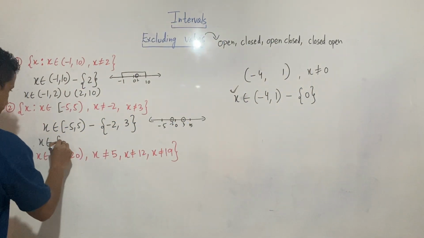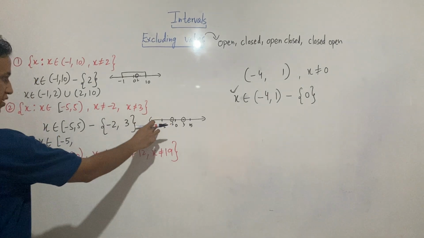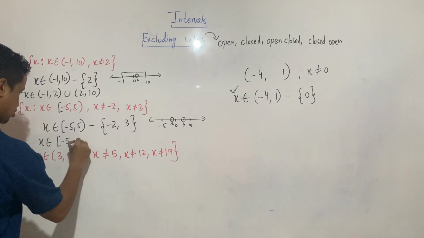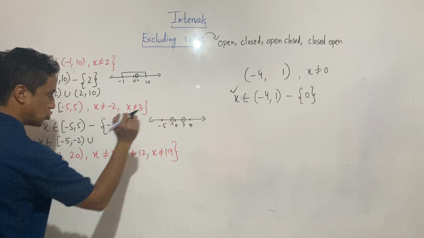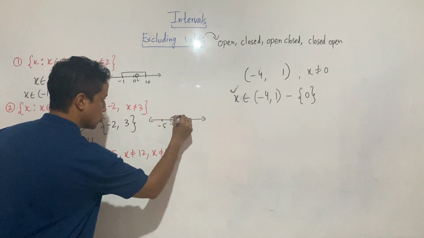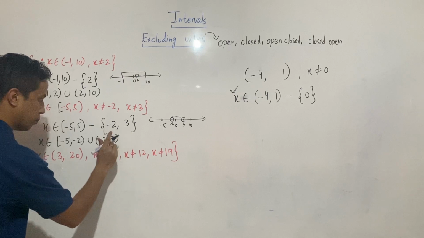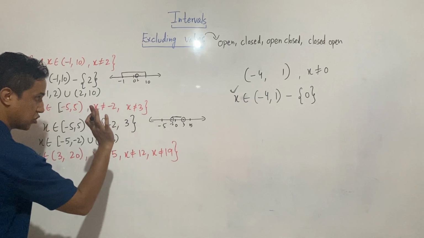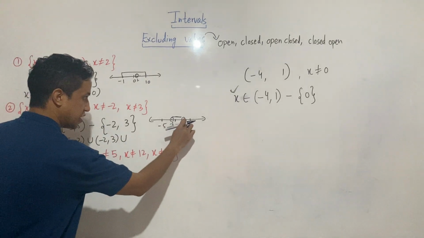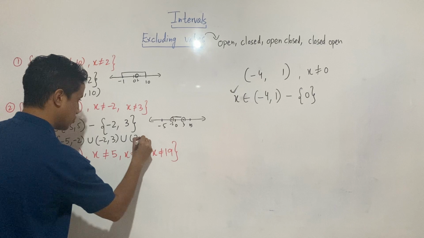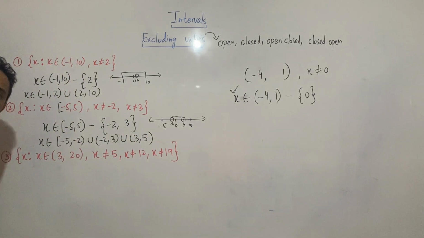From -5 to -2, then union, -2 to 3, again an open bracket because 3 is not included, then union, from 3 to 5. So this is also another way to write it.